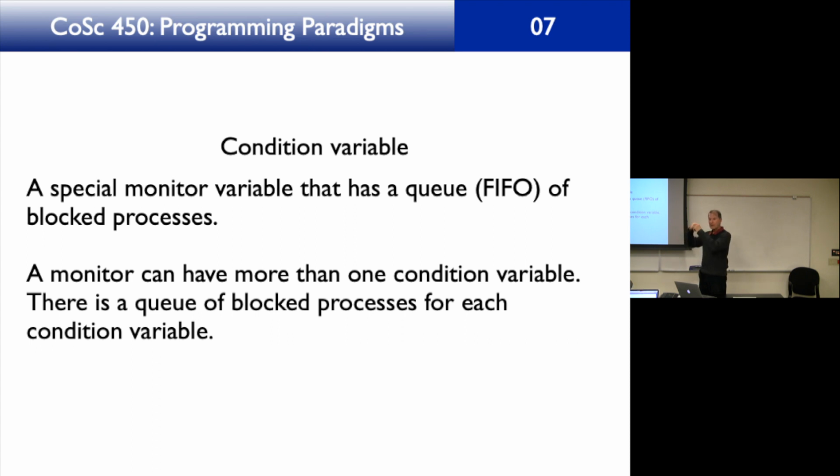A little waiting list of processes that are blocked and waiting on that condition variable. I think if you have that concrete picture, that'll help visualize what's going on. So a condition variable is a special monitor variable that has a queue. And furthermore, in monitors, the queues are FIFO.